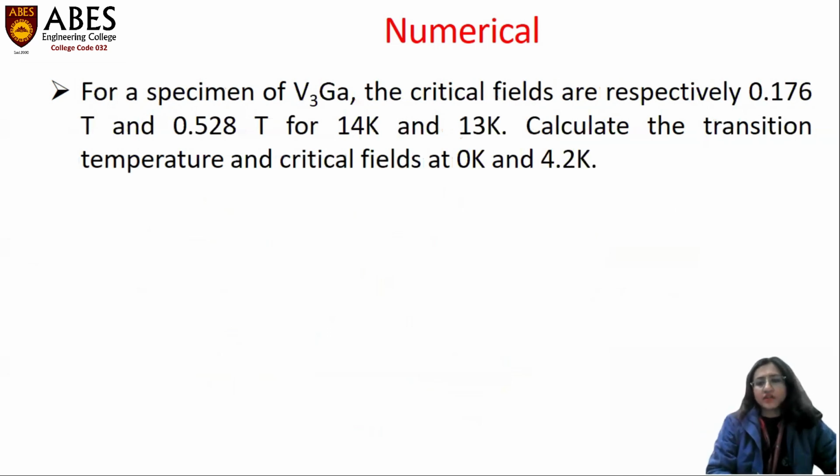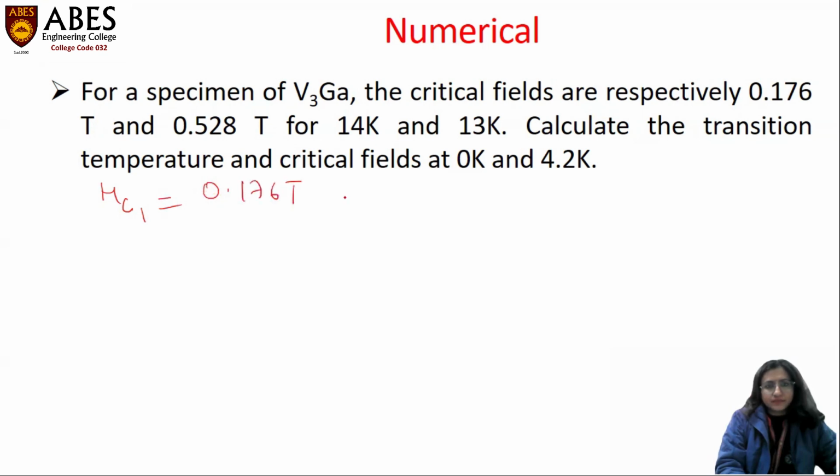Next important, frequently asked question from this chapter is for a specimen of vanadium gallium critical magnetic field. Here two critical magnetic fields are given. HC1 is 0.176 Tesla, given at 14 Kelvin, which is your T1, while HC2 is 0.528 Tesla, provided at 13 Kelvin, which is your T2.